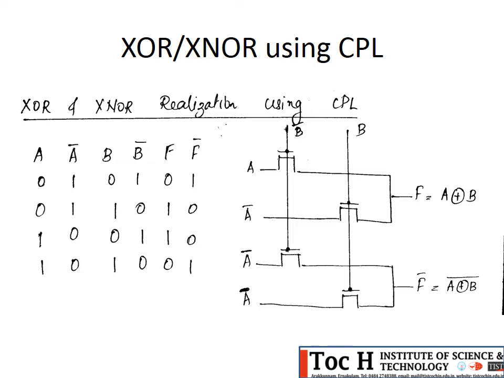Here you can see we are using the inputs as A complement and A. And if we give the control signals as B complement and B, we will get F equal to A XOR B and F complement as (A XOR B) all complement, which is nothing but the XOR and XNOR functions. So that's the logic function realization using complementary pass transistor logic.